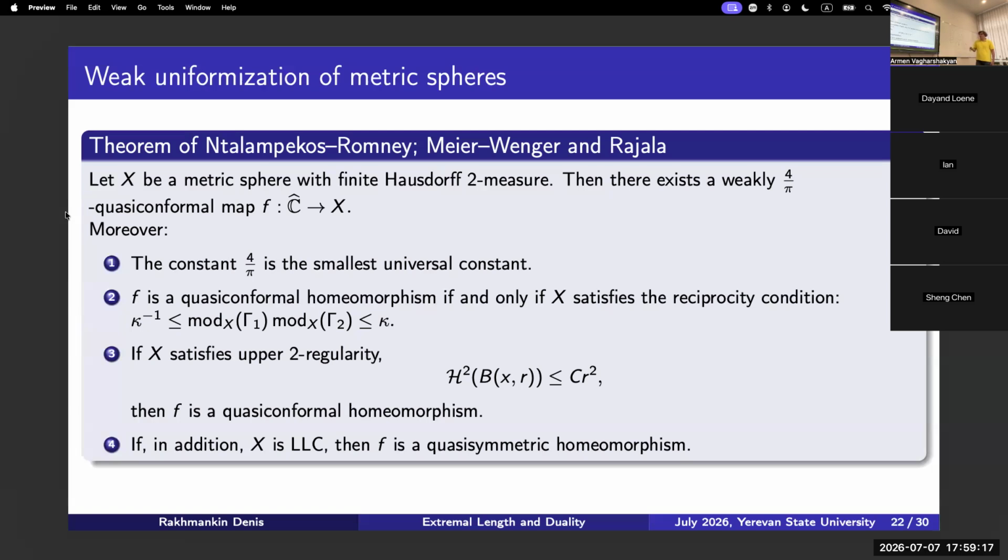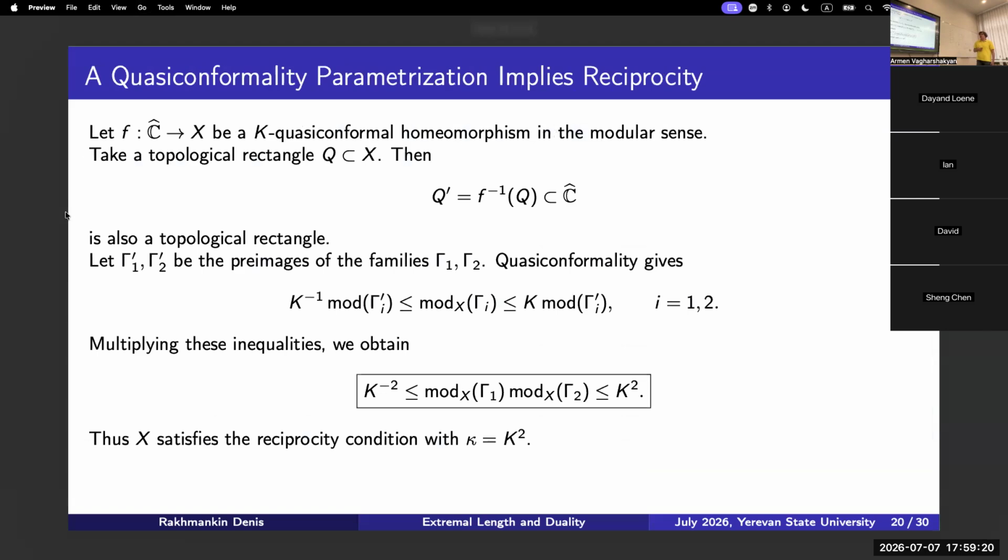Okay, let's go back and prove in a simple way why quasi-conformality should imply reciprocity. Suppose we have a quasi-conformal parameterization of our sphere in the modulus sense, and suppose we have some topological rectangle. Of course, the preimage is also a topological rectangle. So the preimages of all families of curves in the Riemann sphere have a duality.